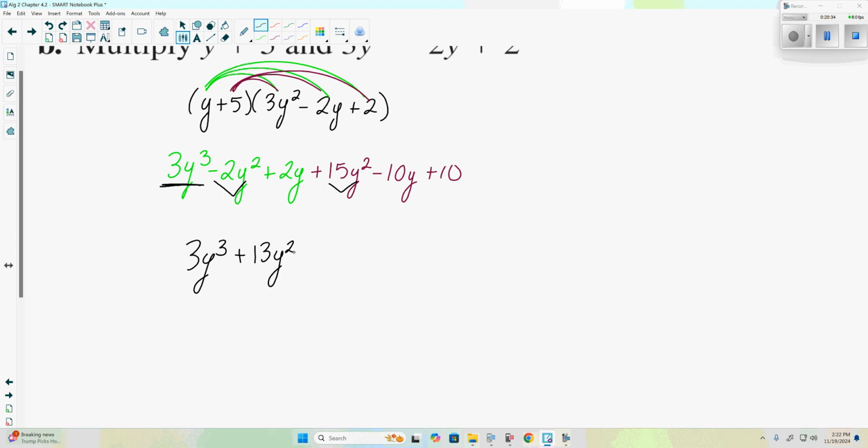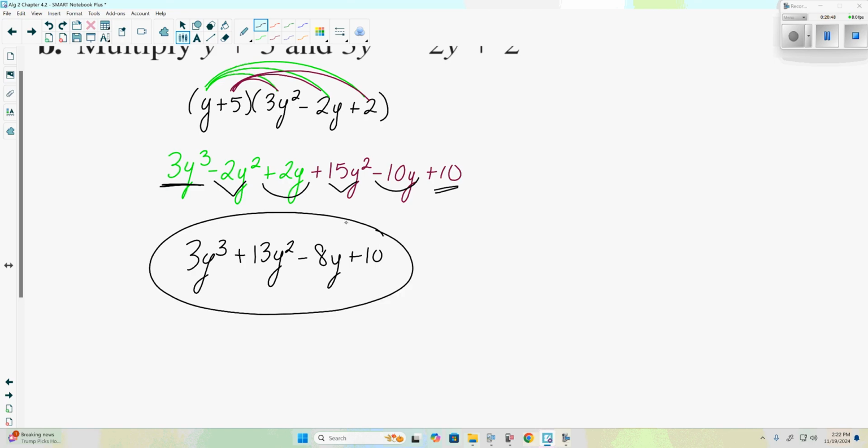Next term is our y term. 2y minus 10y is negative 8y. And our plus 10 is by itself. So the product of these two here is 3y cubed plus 13y squared minus 8y plus 10.